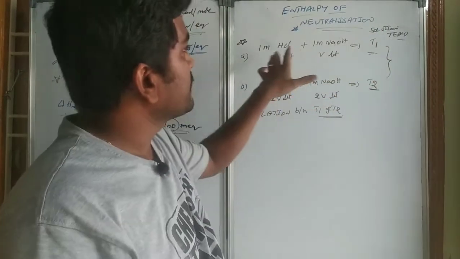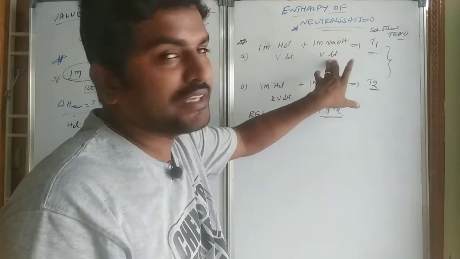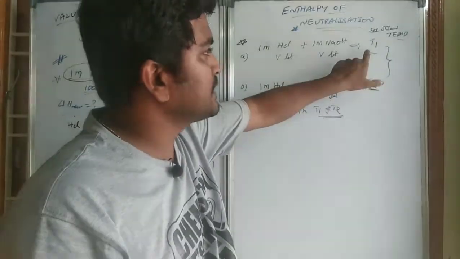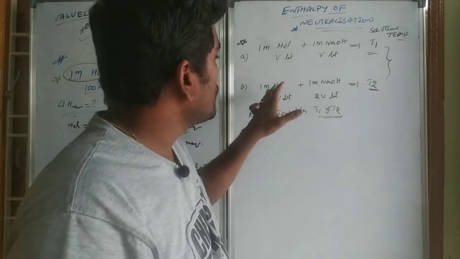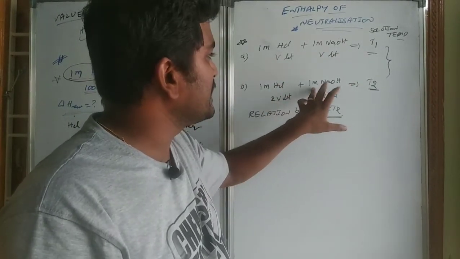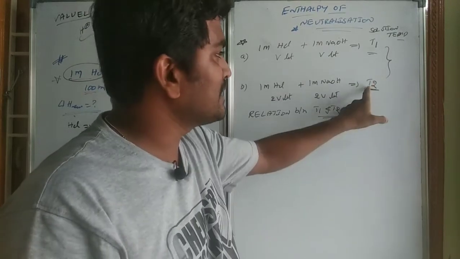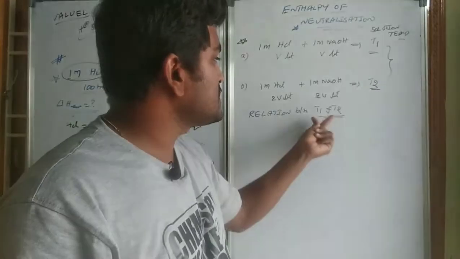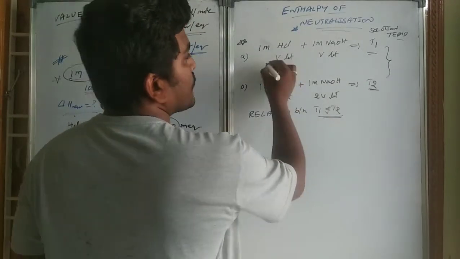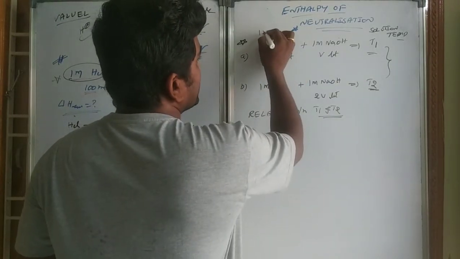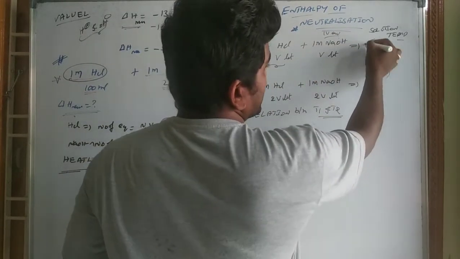See, 1 molar HCl of V liters, 1 molar NaOH of V liters mixed, the temperature was T1. And 1 molar HCl of 2V liters, 1 molar NaOH of 2V liters mixed, and the temperature was T2. What is the relation between T1 and T2? Here 1V equivalent reacts with 1V equivalent, so the temperature was T1.